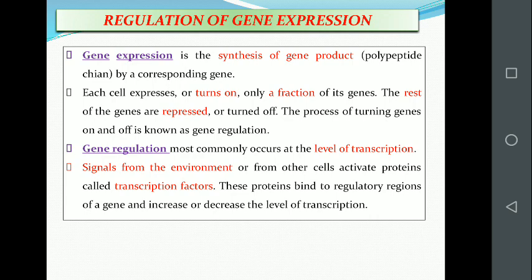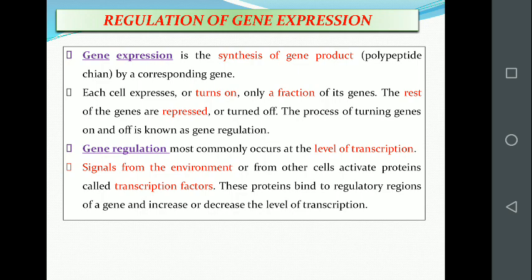In the same way, based on the need, cells will switch on some of the genes and switch off the remaining genes. When X is needed, the X gene will be switched on. When Y is needed, only Y will be switched on and X will be switched off. In that way, some genes are switched on and some are switched off based on the need of the organism. That switching on and switching off mechanism is known as regulation.